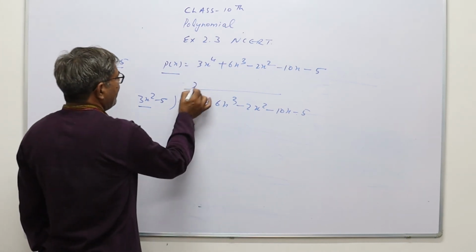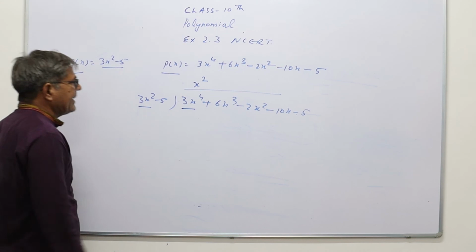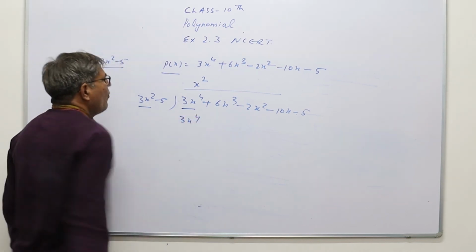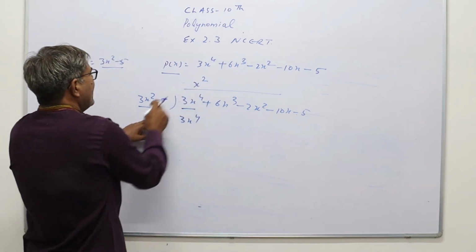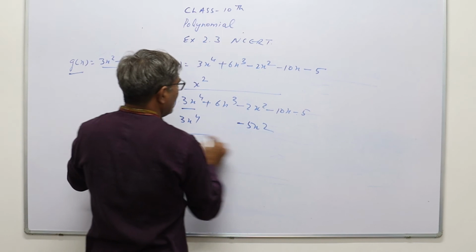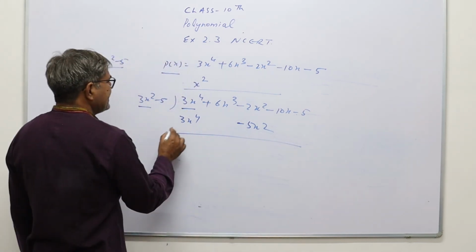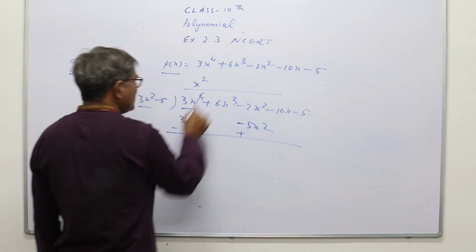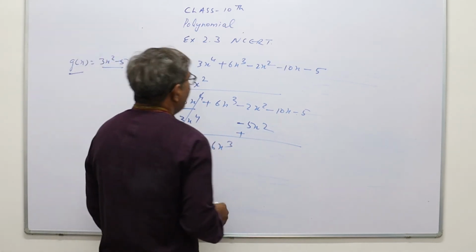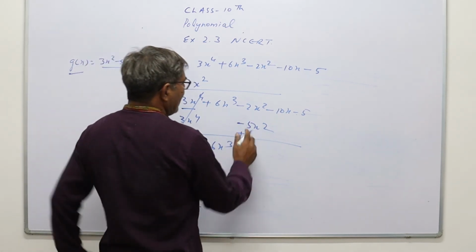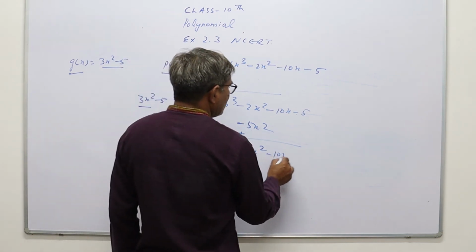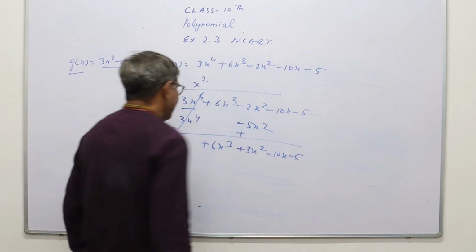If we multiply it by x square, then x square into 3x square is 3x power 4. Then x square into minus 5 is minus 5x square. For subtraction, change the sign, minus plus. So these two terms will be cancelled out. Plus 6x cube, minus 2x square plus 5, that is plus 3x square, minus 10x minus 5.